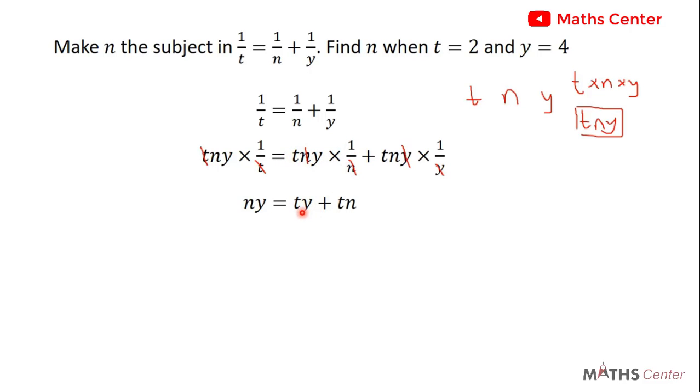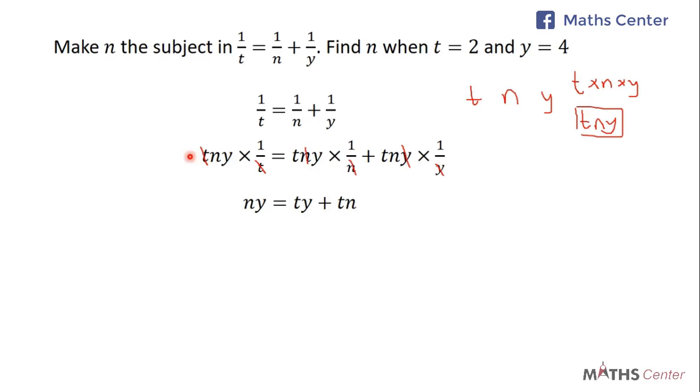Ty times 1 gives us ty. Now this y is gone and this y is also gone, so we are going to have tn times 1, which will give us tn. So we have been able to clear all the fractions. Now we can go ahead, group our like terms, factorize, and simplify.